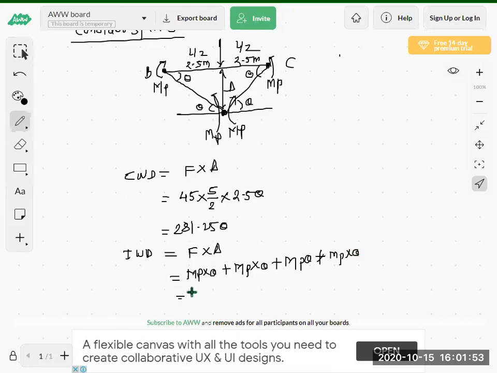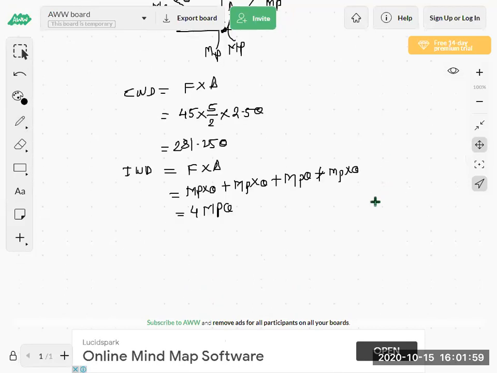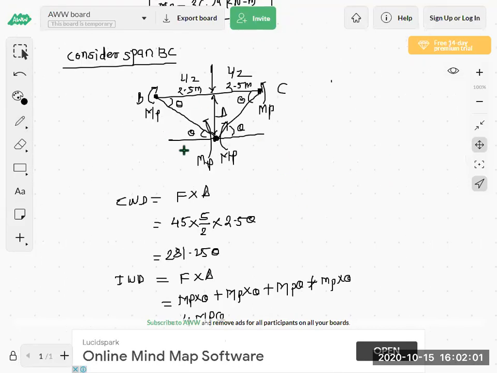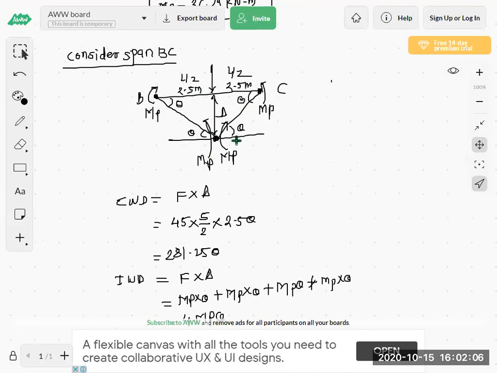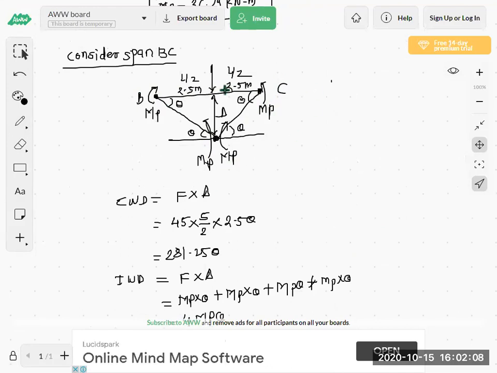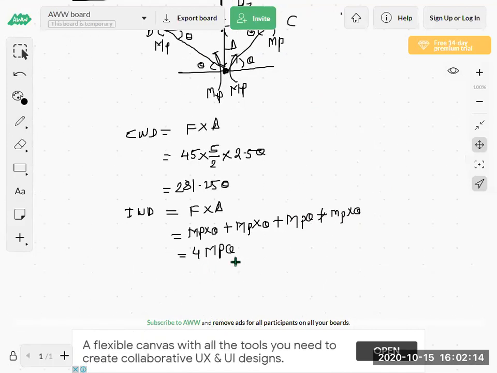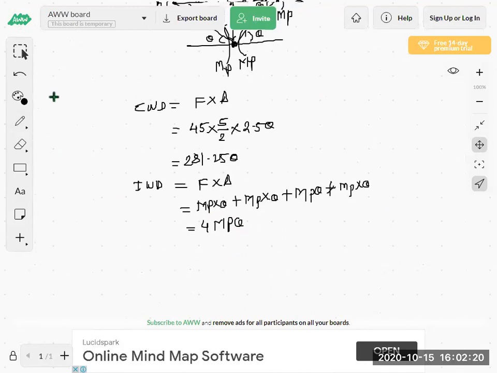So here 4 MP theta. So four forces are in, you can see here in the mechanism, MP, MP, MP and MP. 4 MPs are there with the rotation or displacement theta. So here we can write directly 4 MP theta, or you can write MP theta plus MP theta plus MP theta plus MP theta. Okay.